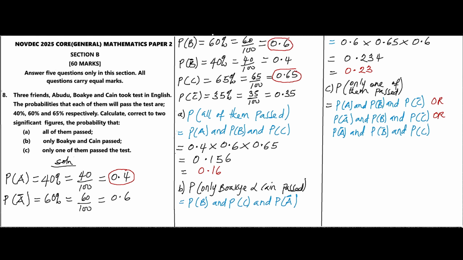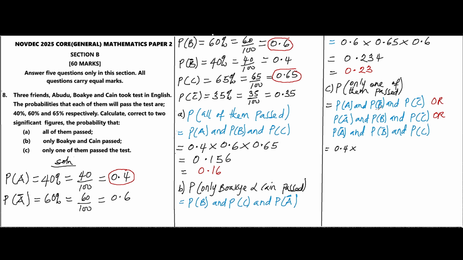So let's do the substitution. The probability that Abudu passes, so that is 0.4, and means multiplication. Probability that Boakye failed. We are looking at the first condition.